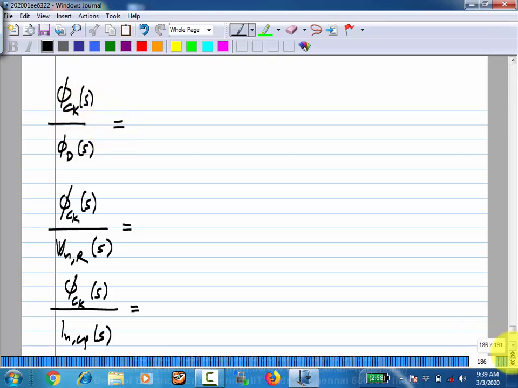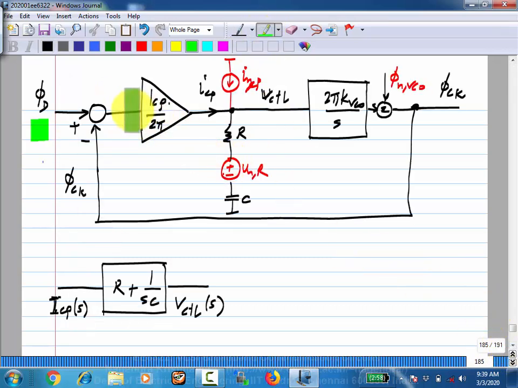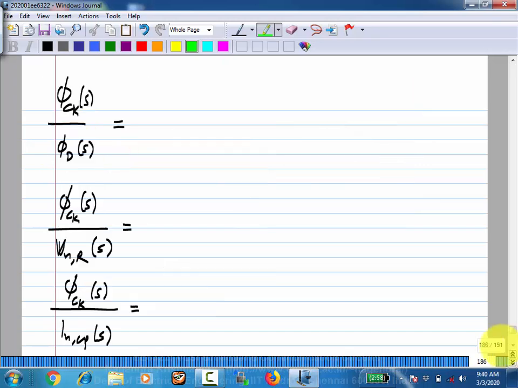So phi ck by phi d, what will that be? The loop gain, it's all in the forward path, right? The feedback path is 1 here, isn't it? So what will this transfer function be in terms of loop gain? L by 1 plus L, okay?